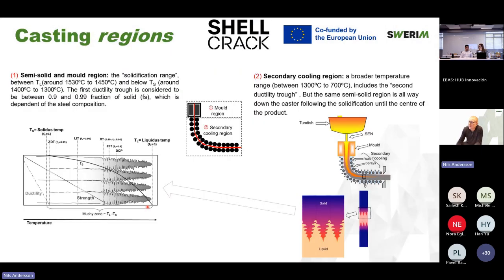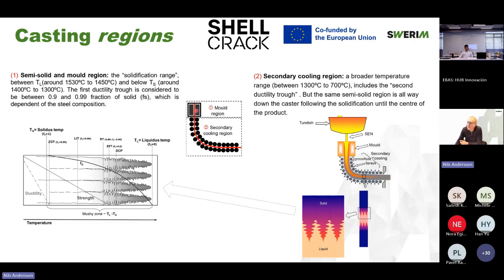And this is a different picture than what Pavel showed, but it's the same principle. So we have different regions of sensitivity within the strand. We have a semi-solid region, a mold region, and a secondary cooling region.